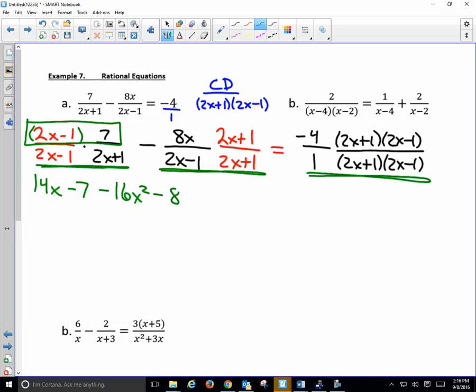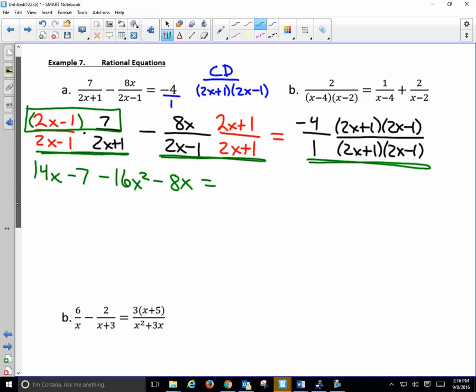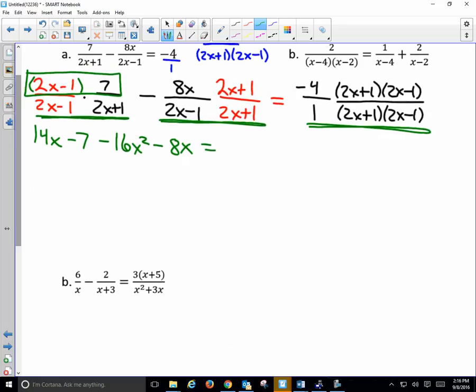Negative 8x. And now I have to multiply this out right here. I'm distributing the negative sign all the way through to each one. Okay.